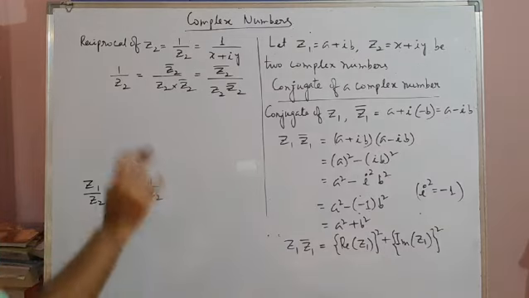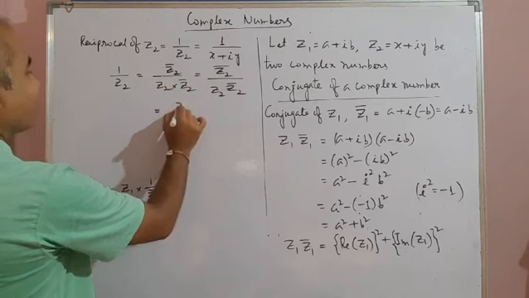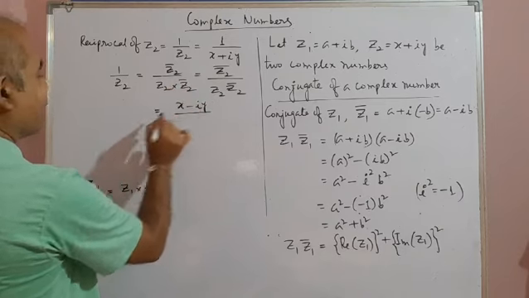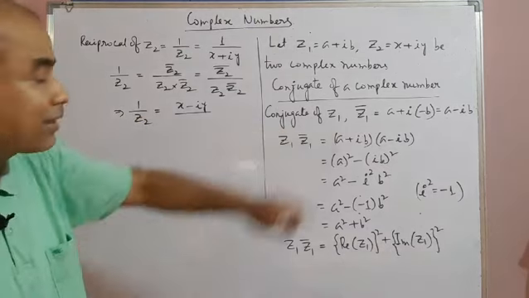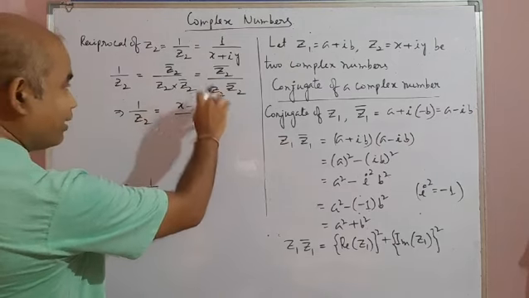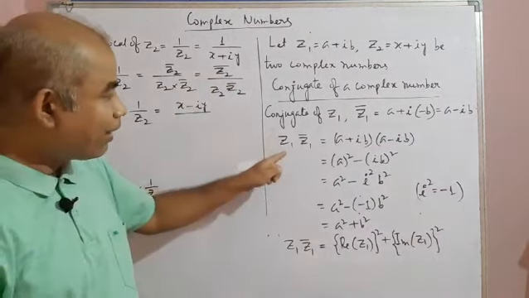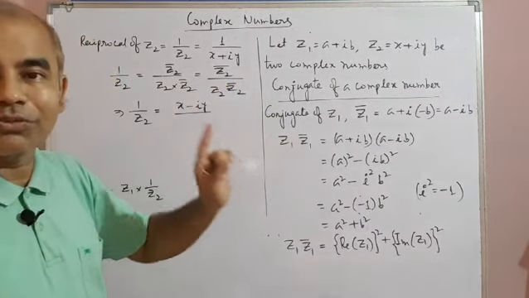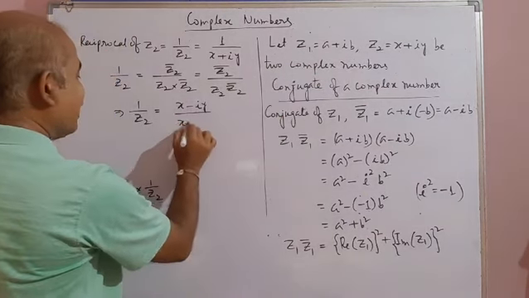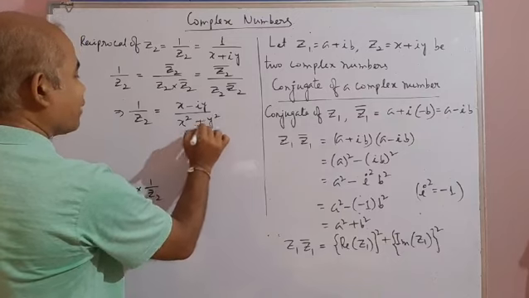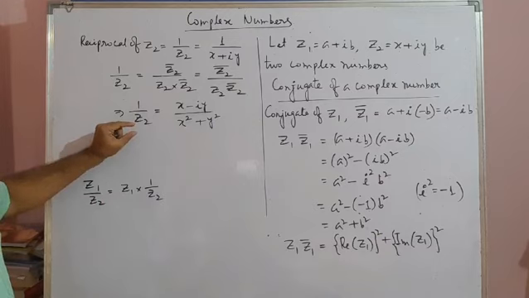If z2 is x plus iy, then the conjugate of z2 is x minus iy, because conjugate I have already discussed. In the denominator it is the product of z2 and its conjugate, and when you multiply a complex number with its conjugate, the answer is the square of the real part plus the square of the imaginary part. So what is the real part of z2? It is x, and the imaginary part of z2 is y, so x square plus y square.